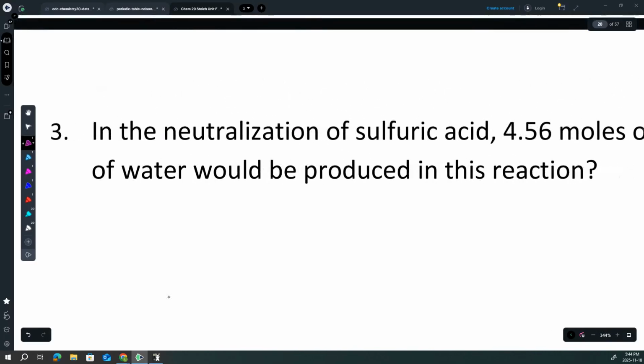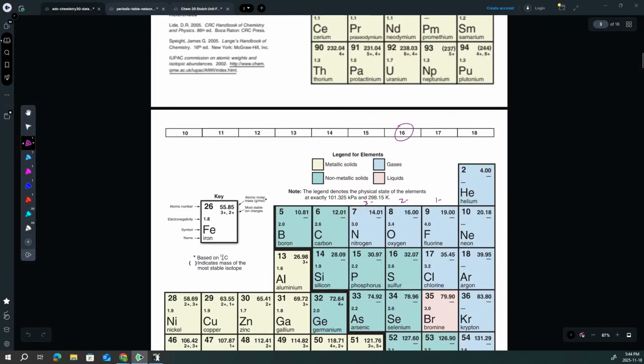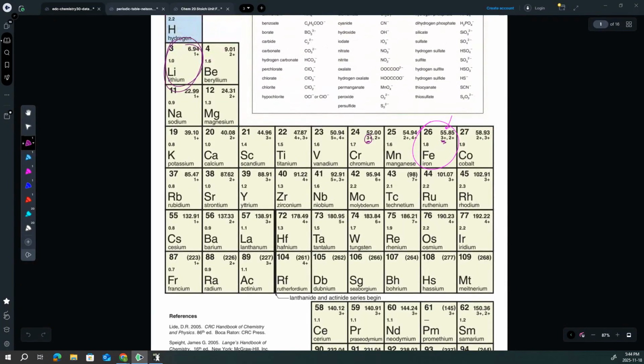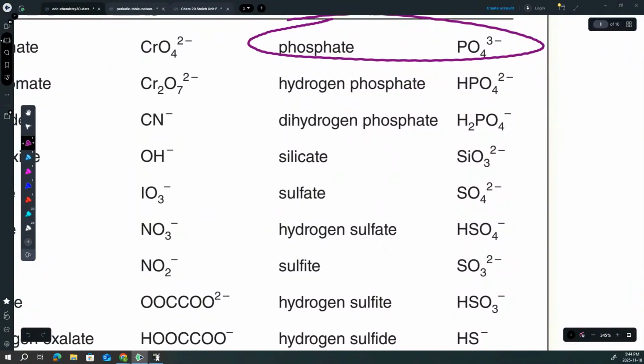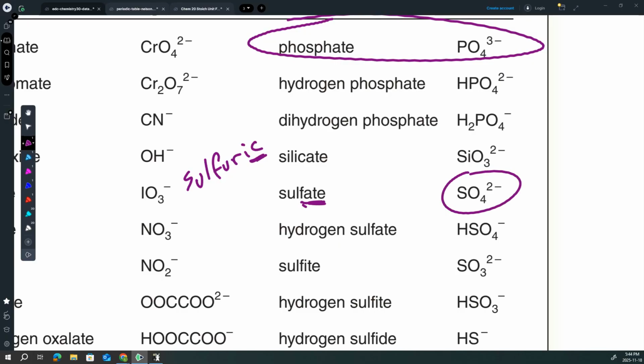So sulfuric acid, so ic acid, I ate something icky, so ate ick. What my memory device means, I ate something icky, means you turn sulfuric, you turn the ick part back into ate to figure out what your anion is.